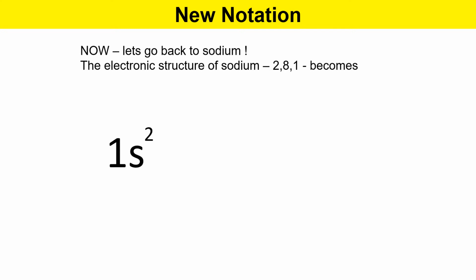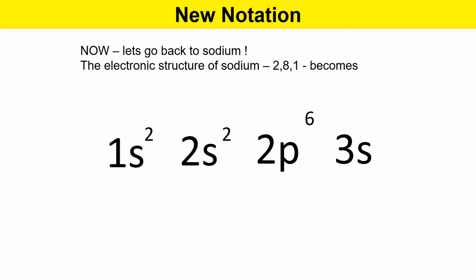If we move on to the second shell, we have 2 subshells, the S subshell, which has 1 orbital and holds 2 electrons, and the P subshell, which has 3 orbitals, each holding 2 electrons, which means the subshell can hold 6 electrons. That will give us 10 electrons, so our last electron goes into the third energy level and into the S subshell first. That now gives us our new electronic configuration for sodium of 1s2, 2s2, 2p6 and 3s1.